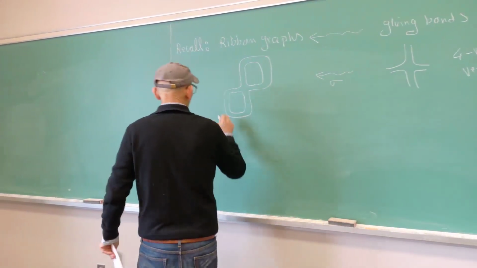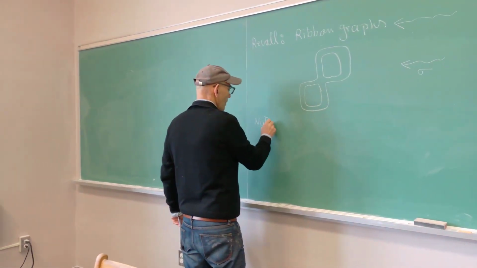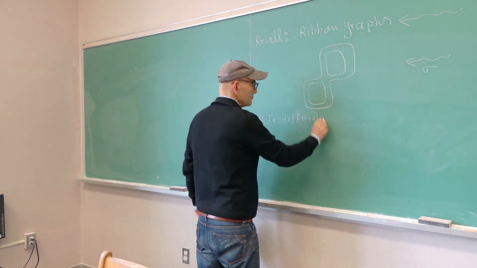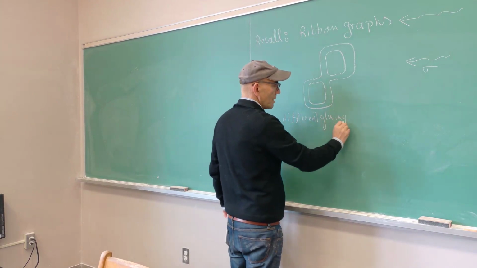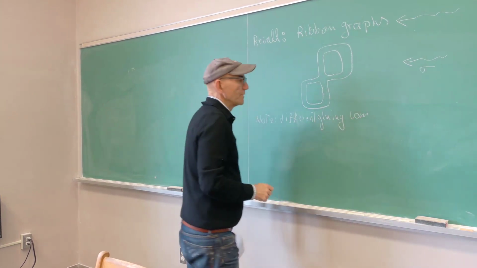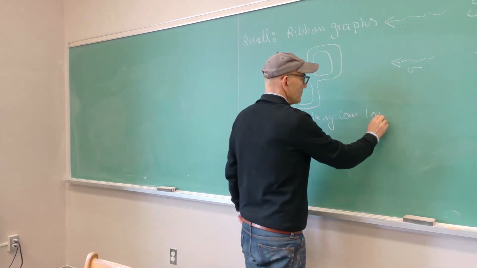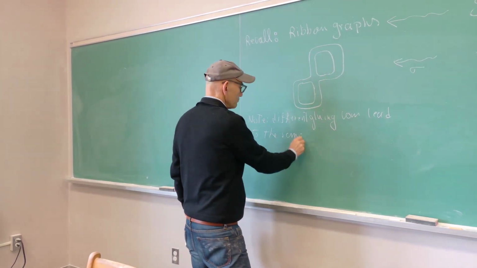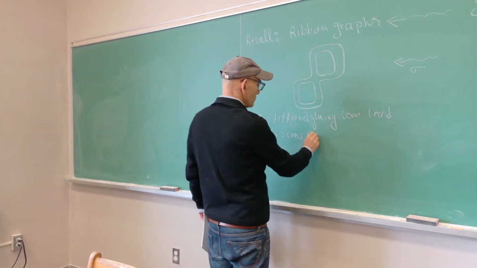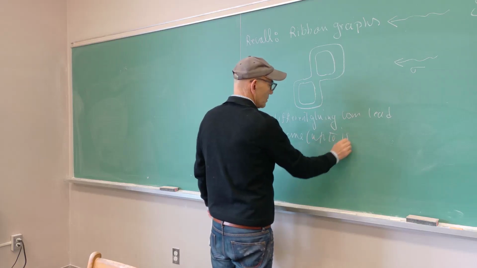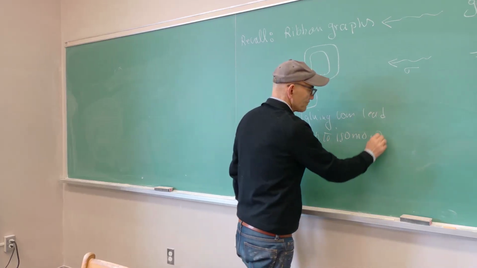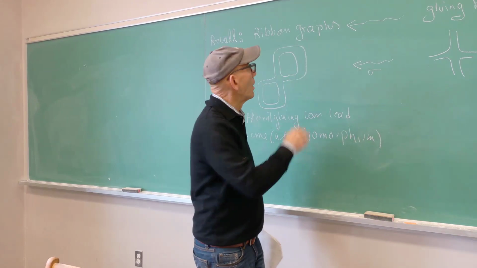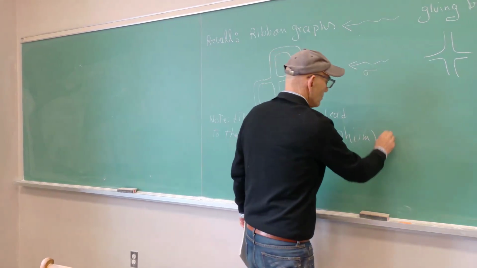The one thing to note is that different gluings can, not necessarily always, but can lead to the same isomorphism class of ribbon graph.